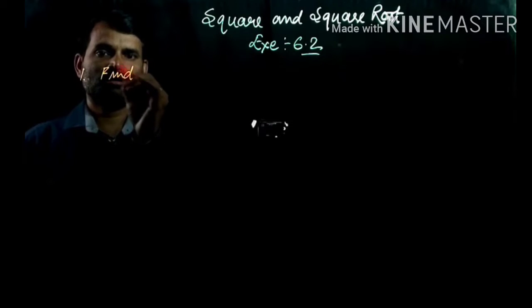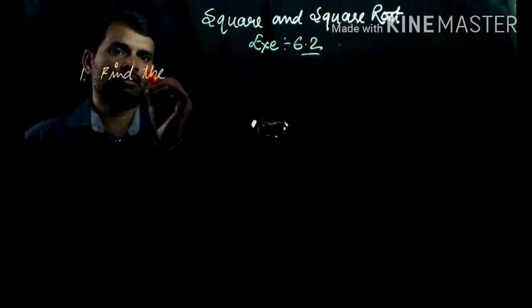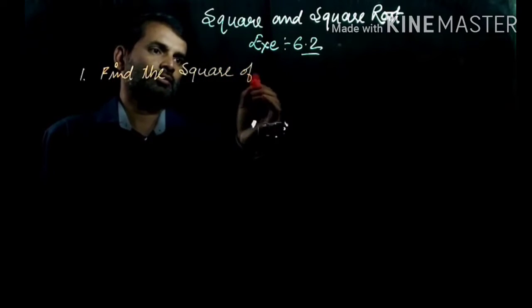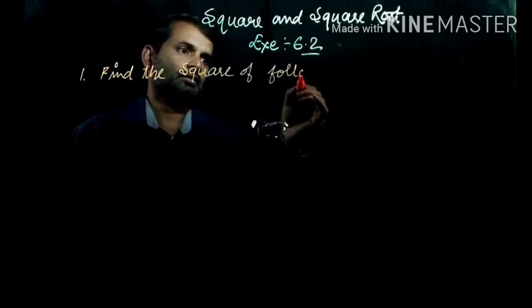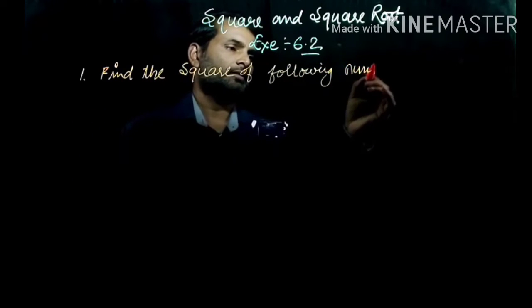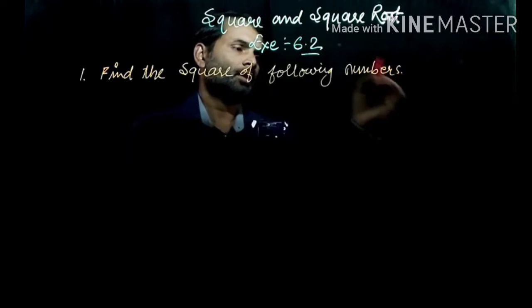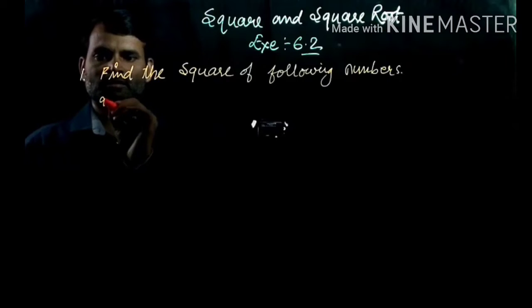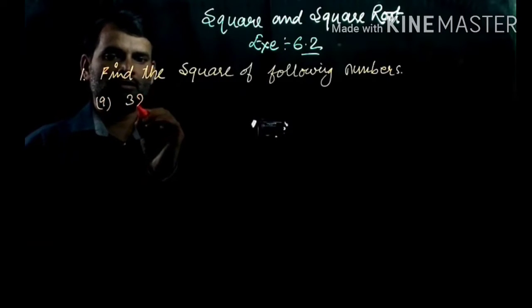Find the square of the following numbers. Okay, the first question is 32.